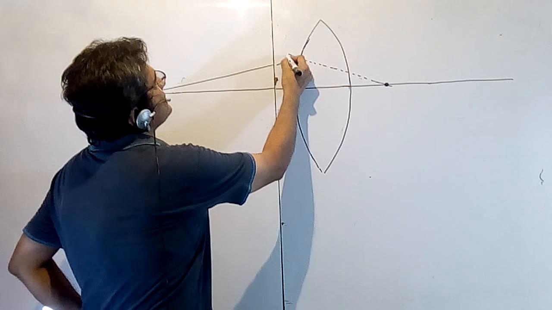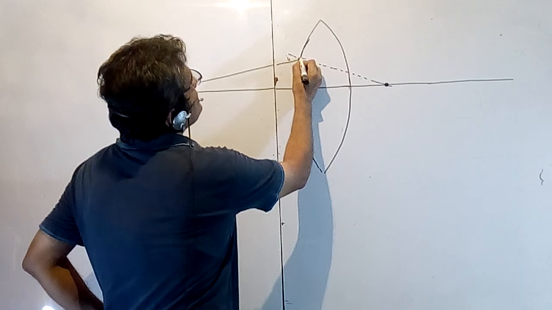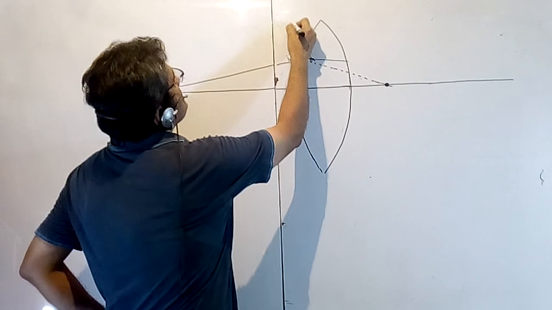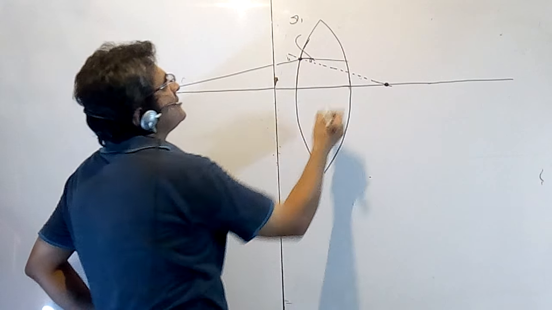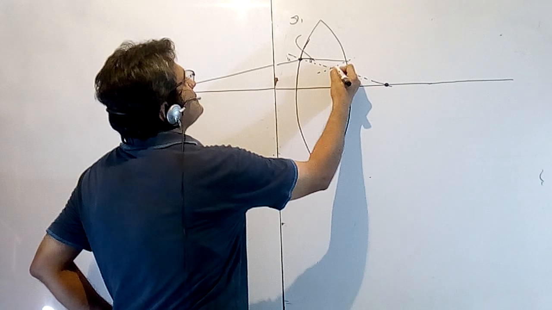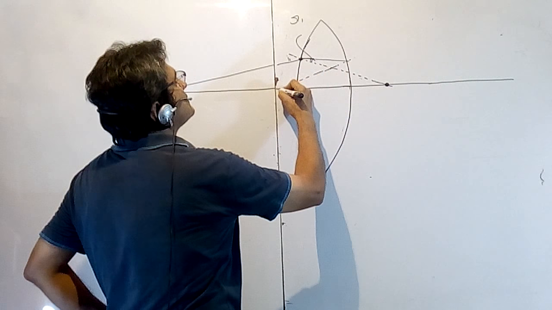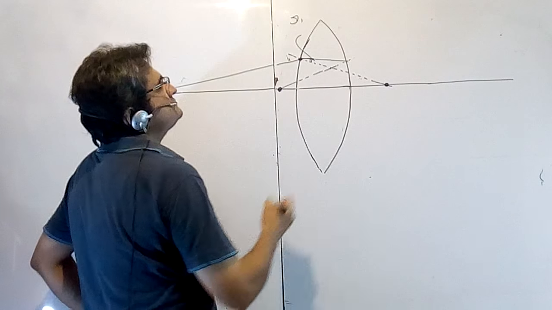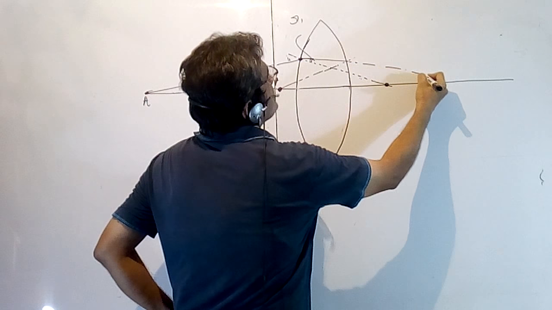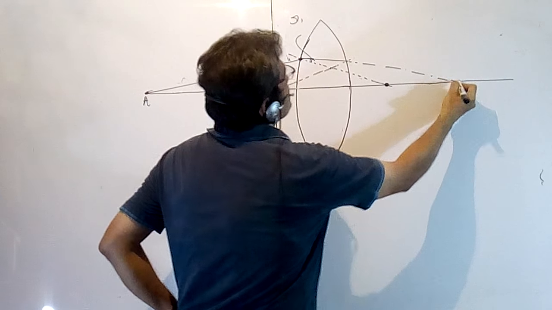Now this is I1 and this one will be R1. Here when it strikes the second surface, draw another radius vector. It comes here. Draw an extended imaginary straight line. Had the second surface not been there, it would have gone straight.